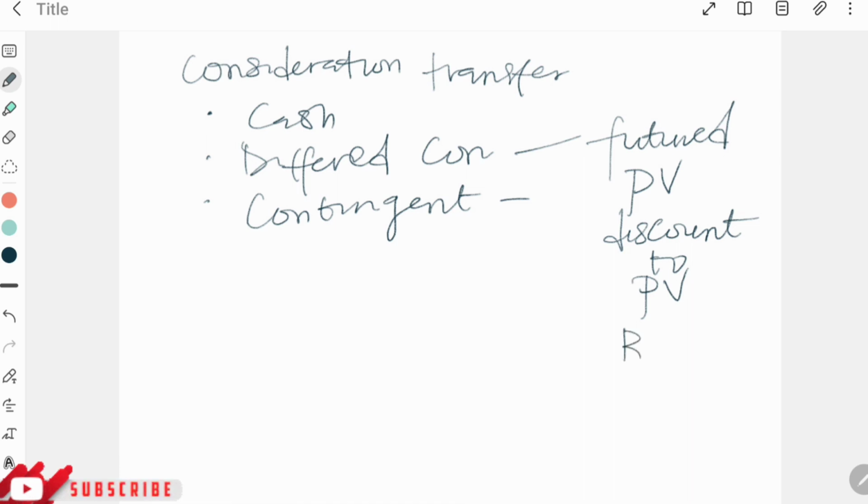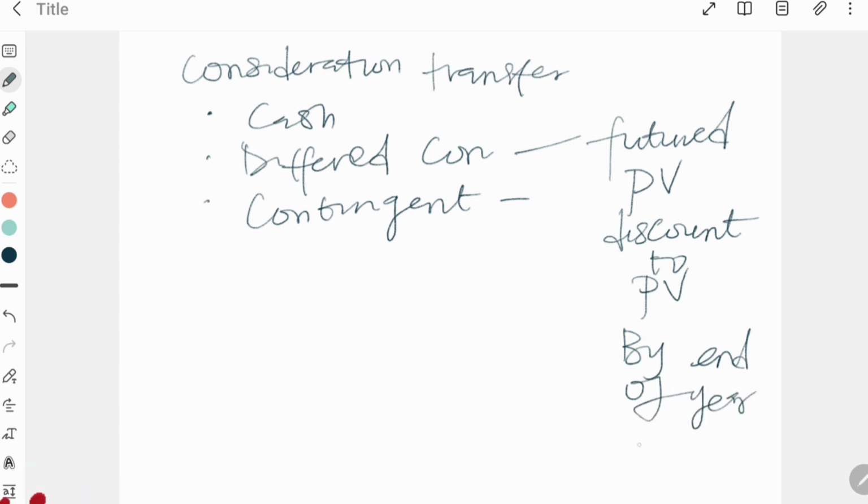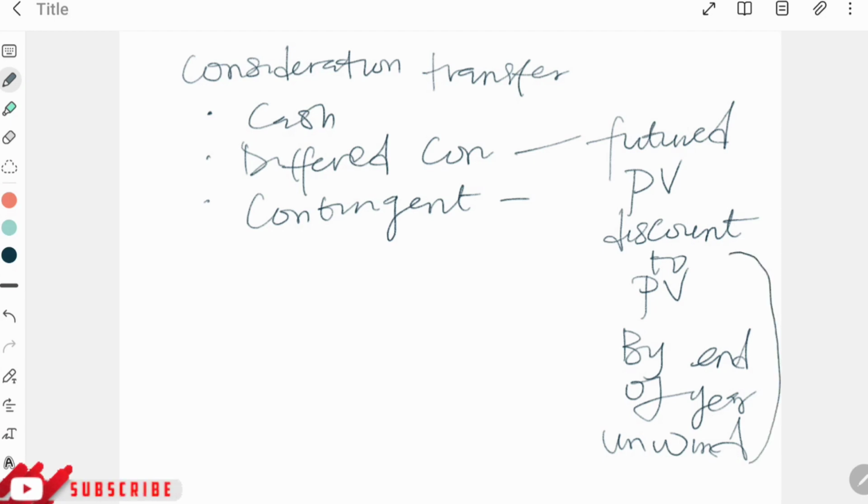So by the end of the year, make sure to unwind. That means that you have to restore back the present value. You have to add back the discounted amount, and that will go as an interest in your income statement. So that is for the deferred consideration.